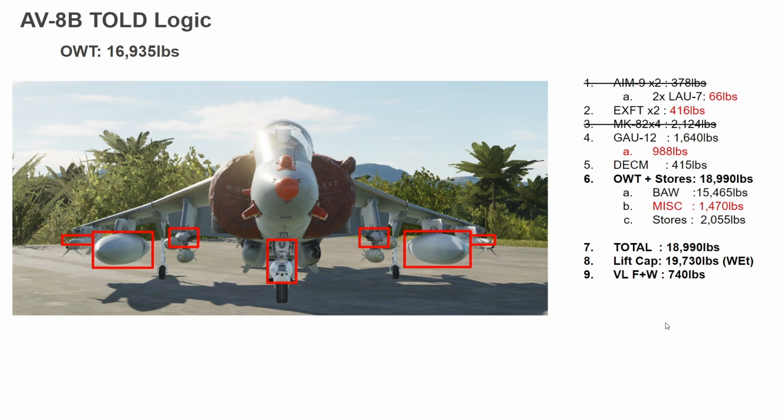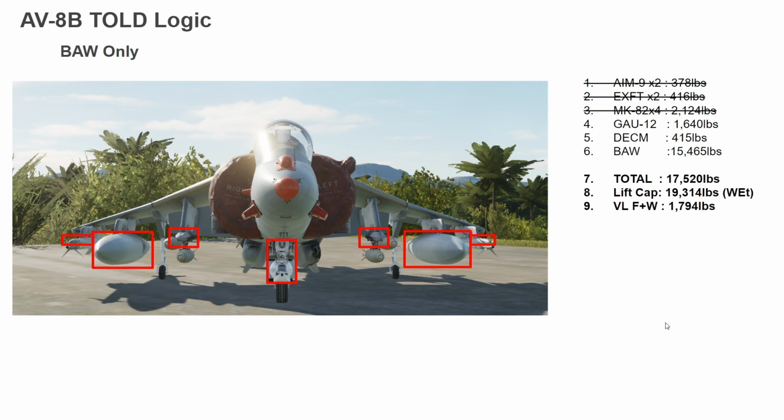However, it also means that if the flight model can't see these hidden items and you don't put the OWT in, it will give you a value of 1,794 pounds, so a greater fuel plus water value. And the bad news about that is, again, if you put that in and the jet can't handle it, you will just crash.